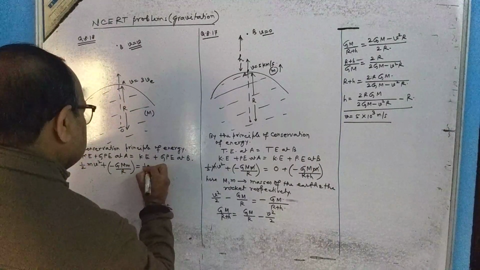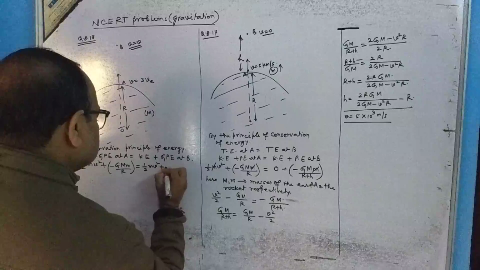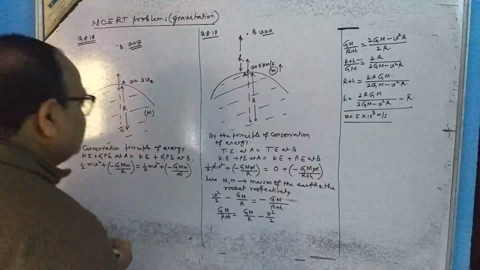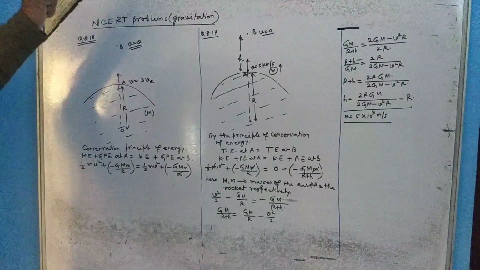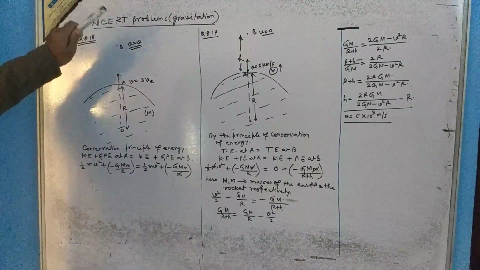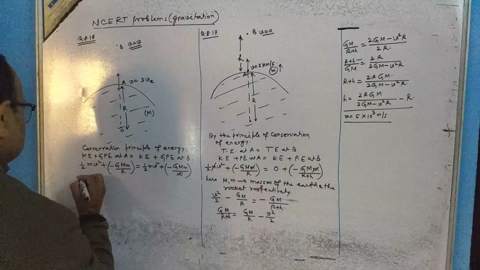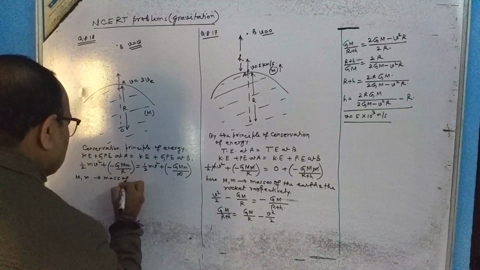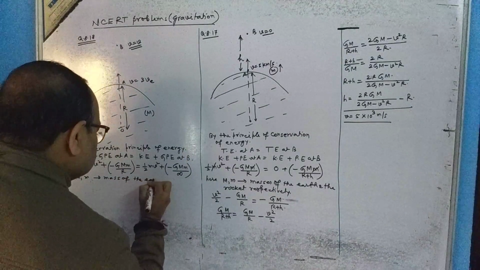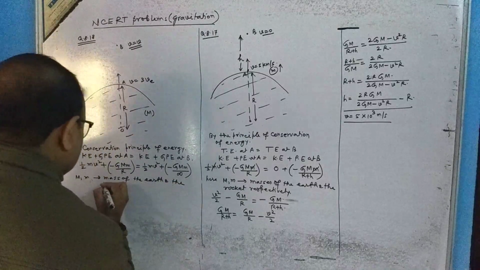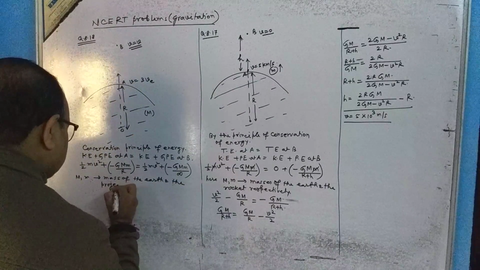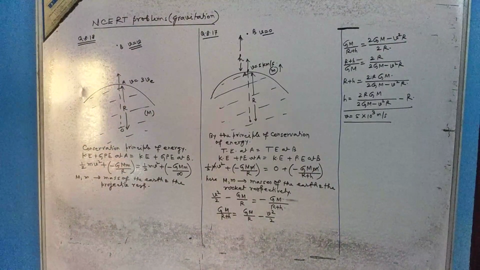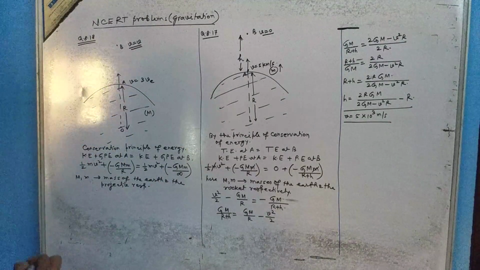So half m v square plus here minus G capital M into small m by, I write infinity because I am considering the distance to be infinite. When it is going here, its distance is infinite. Here capital M and small m are the mass of the earth and the mass of the projectile respectively.